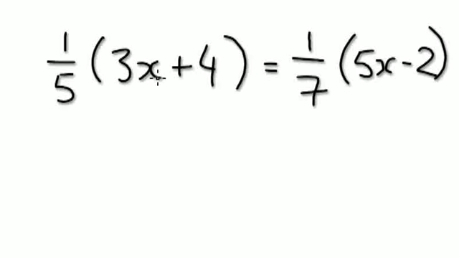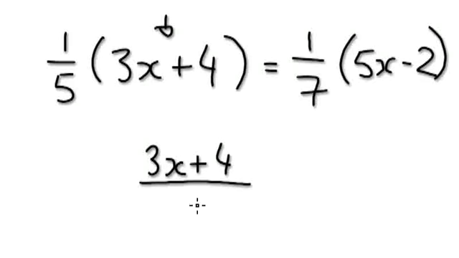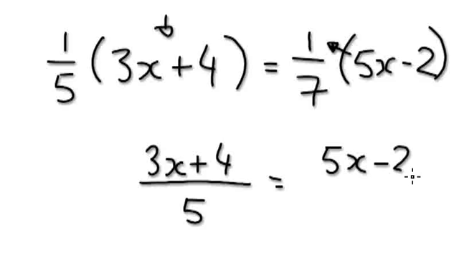I'm just writing the question again. Now imagine this thing is in a bubble. It gets multiplied to the top, so it becomes 3x plus 4 over 5. On the right hand side, we're just rewriting this differently, so it becomes 5x minus 2 over 7.